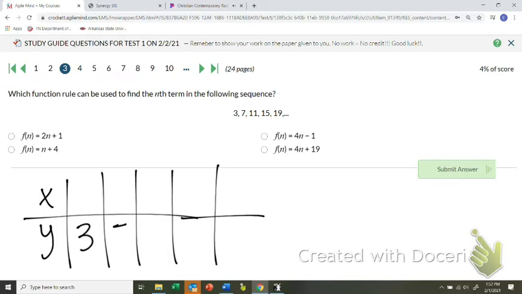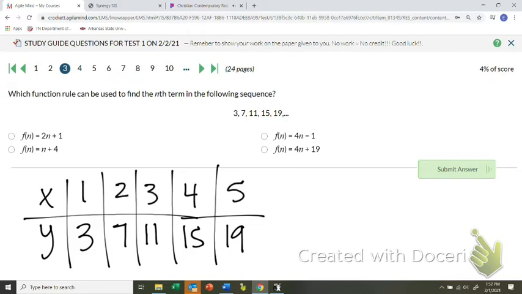So we've got 3, 7, 11, 15, and 19. Now, we are trying to get a table, okay, that matches mine.